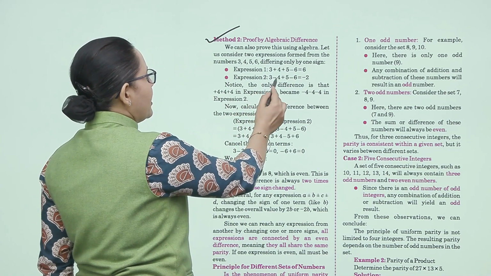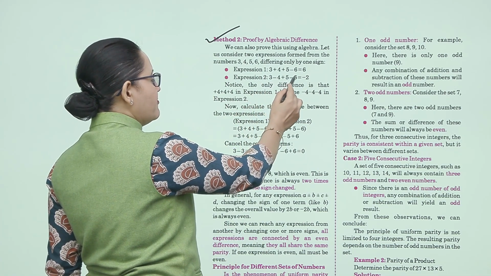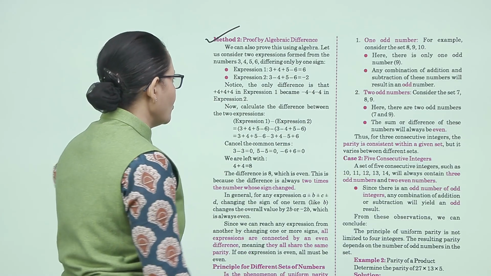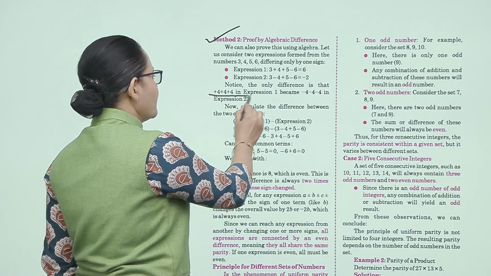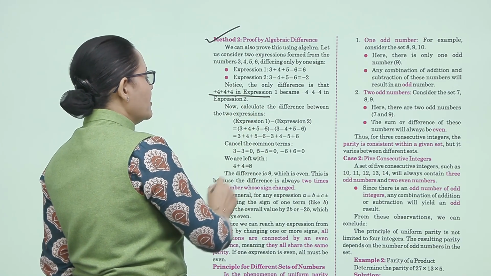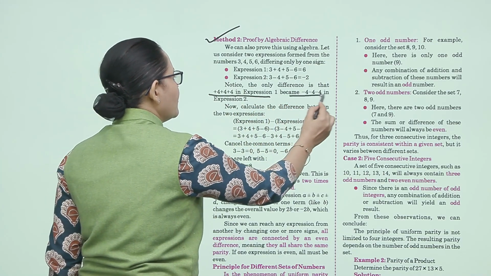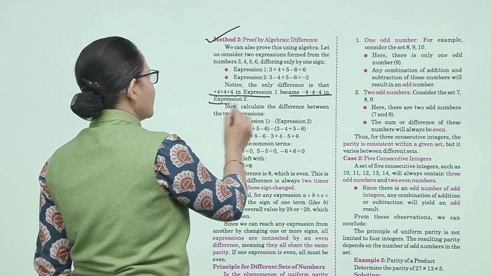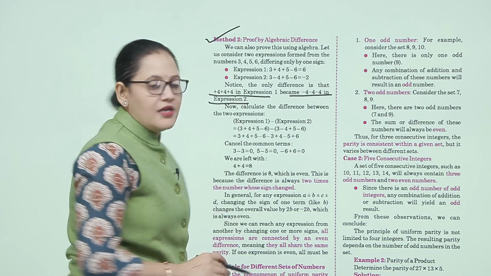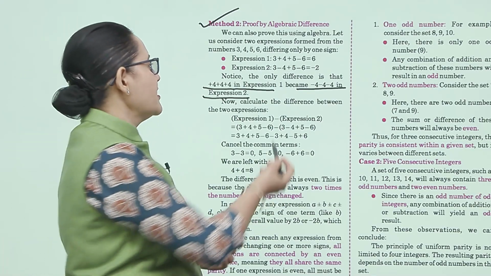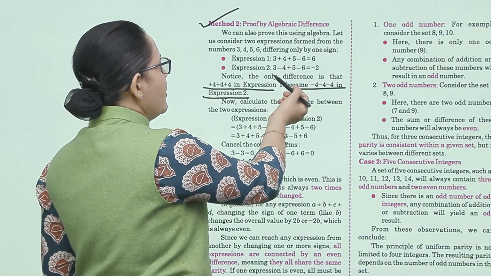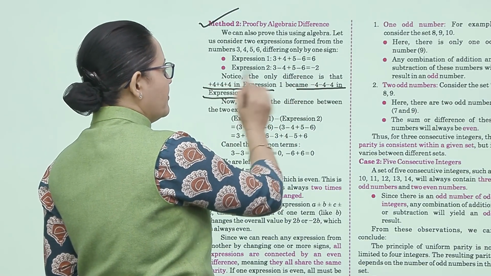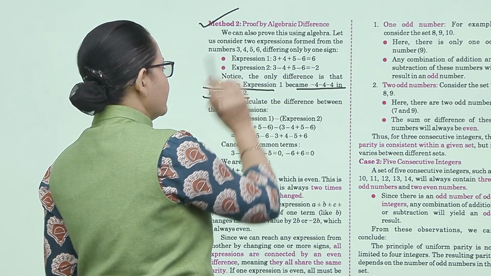Expression 2: 3 minus 4 plus 5 minus 6, that equals minus 2. Notice the only difference is that plus 4 in expression 1 became minus 4 in expression 2. Clear? So you will notice the difference here: plus 4 plus 5 minus 6 becomes minus 4 plus 5 minus 6. So the only difference is here.